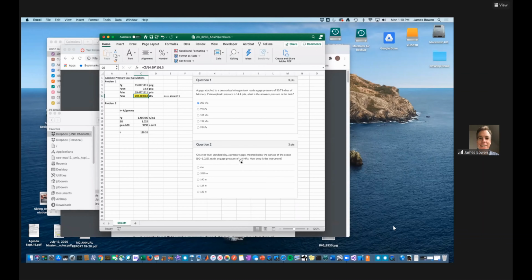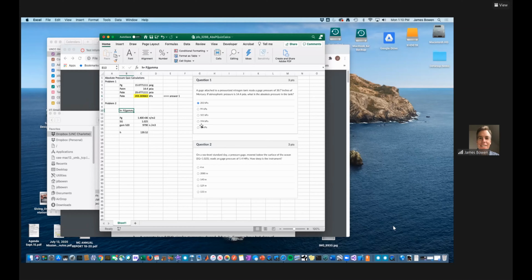There are pressure gauges that have a vent to the atmosphere, which they call a vented water level meter. And those read not absolute pressure, but gauge pressure. This one has read 1.4 megapascals. And the question is, how deep is the instrument?